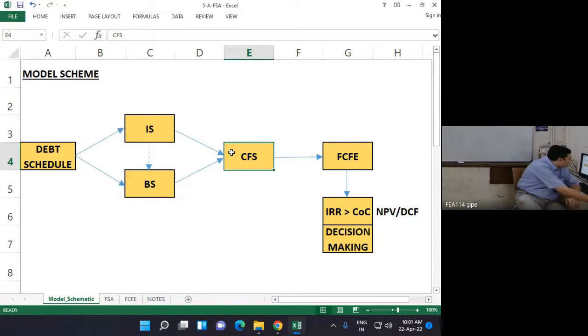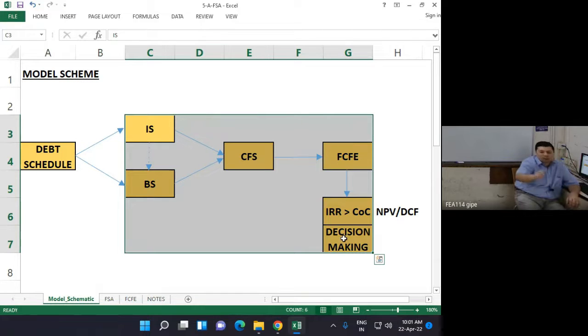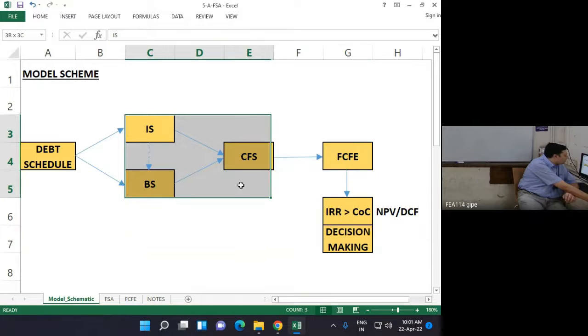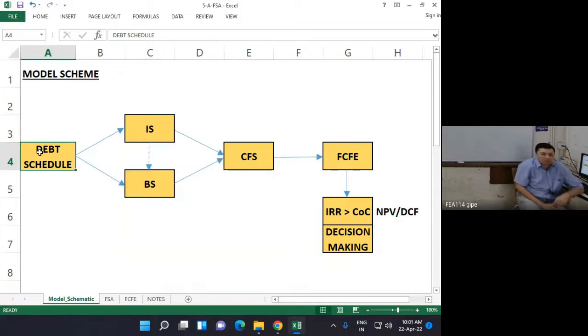Okay. So every case that we are going to make from here on will follow the same scheme. Obviously, the details of the case increase as we go along. Now, while you are making statements like this, you might have some supporting statements in the form of debt schedule, revenue analysis, tax analysis, cost analysis.